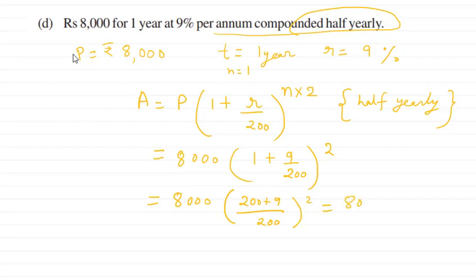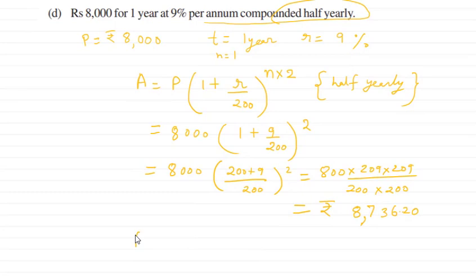That will give you 8,000 into 209 two times divided by 200 into 200. After calculating this, here we got the amount. The amount is coming rupees 8,736.20.